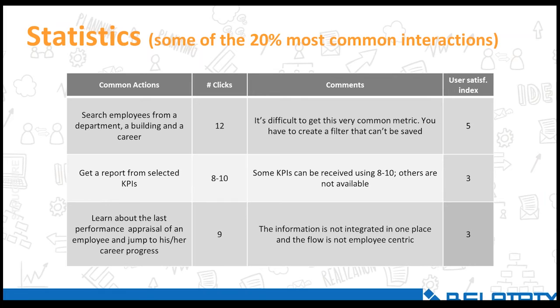The most common comment was that it was very difficult to do that because 8 to 10 clicks to get a quick, very used metric was a lot, and some of the metrics weren't available at all. So they ranked the user satisfaction index in a 3 out of 10. So how do we start changing that?